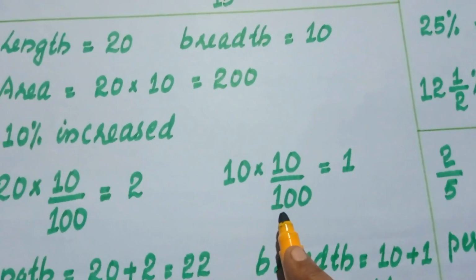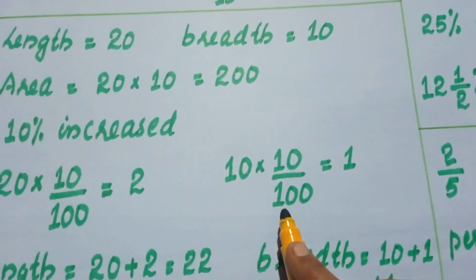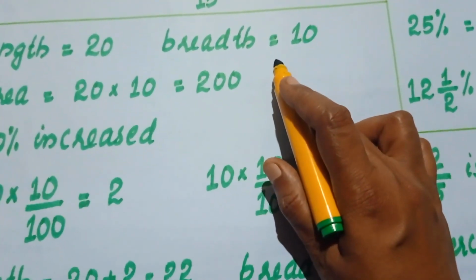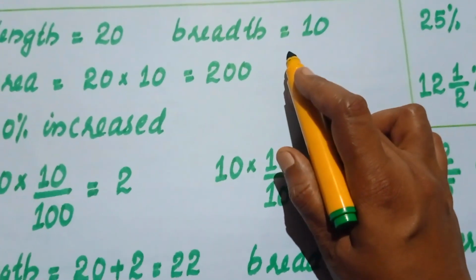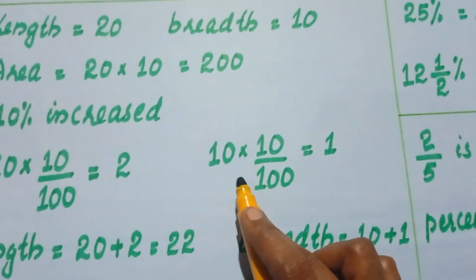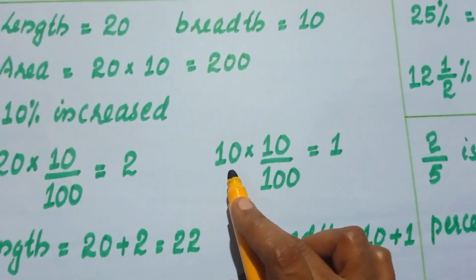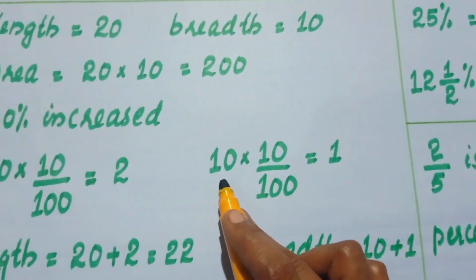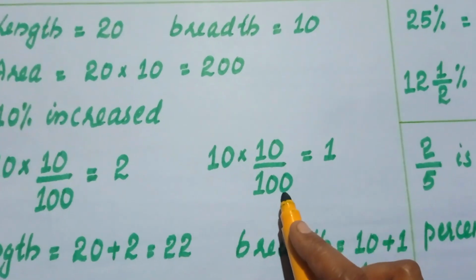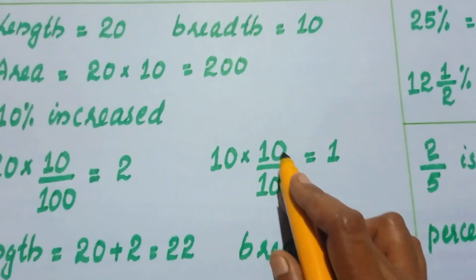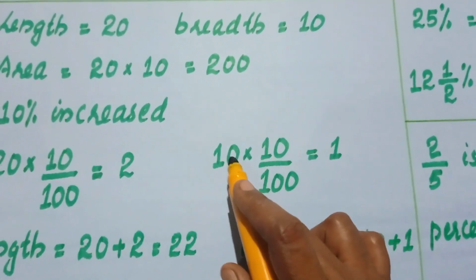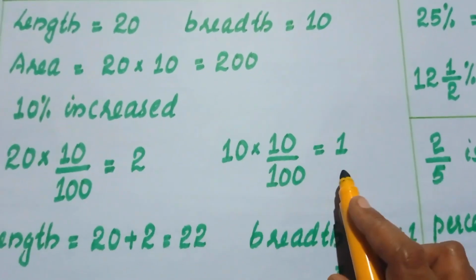If breadth is 10% increased, here we took breadth as 10 centimeter, then 10% of 10 centimeter is increased. That is 10 into 10 by 100. Cut 1 0 here and 1 0 here. 1 into 1, 1.